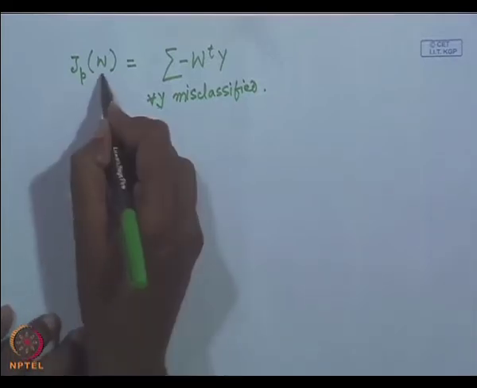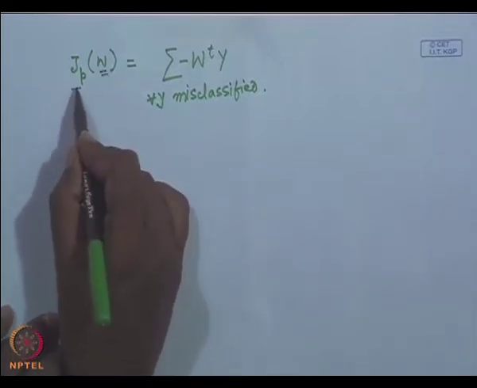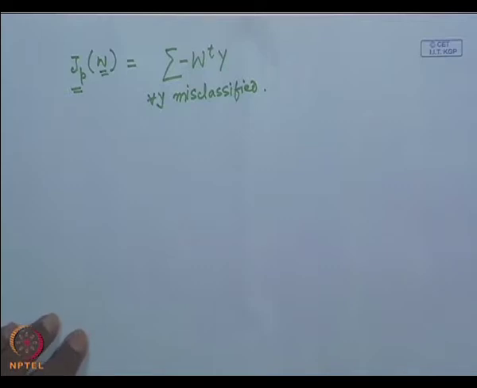And to get the value of W that minimizes this perceptron criteria function, we have used the gradient descent procedure. The gradient descent procedure was something like this: initially you assume a weight vector which is set at random.